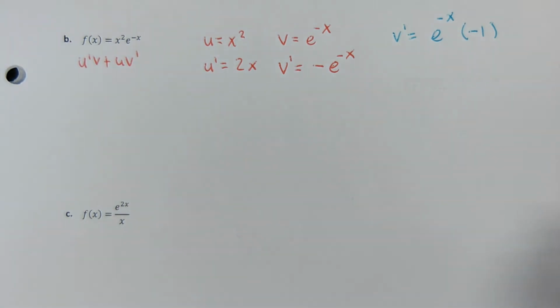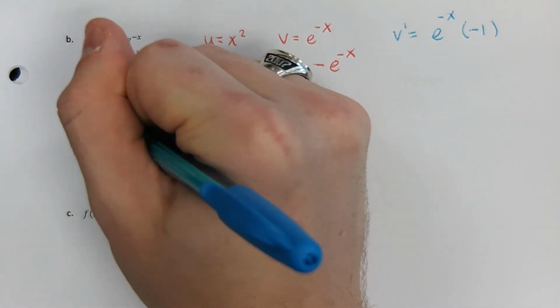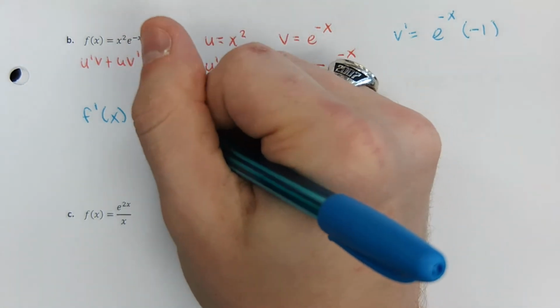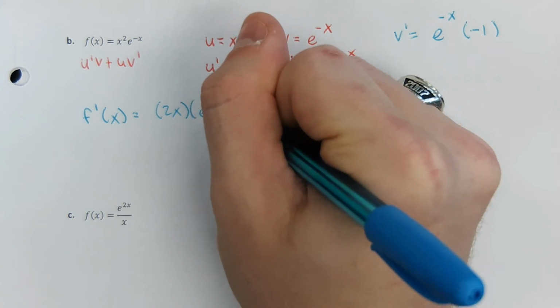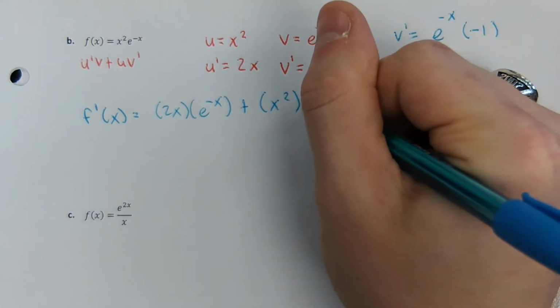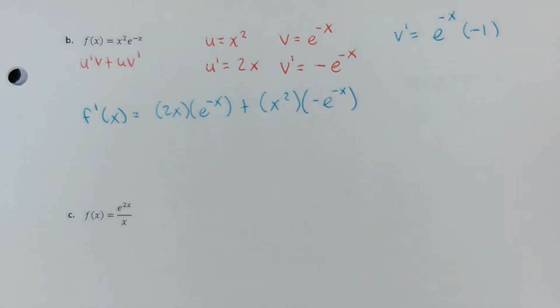Yeah, no problem. So let's fill out our product rule. We have u prime v plus u v prime. It doesn't really clean up all that much, does it?